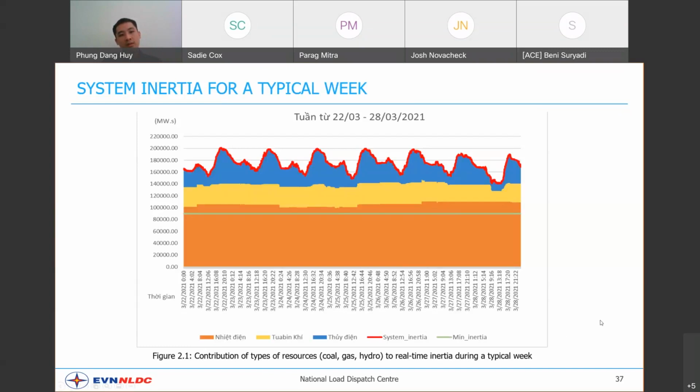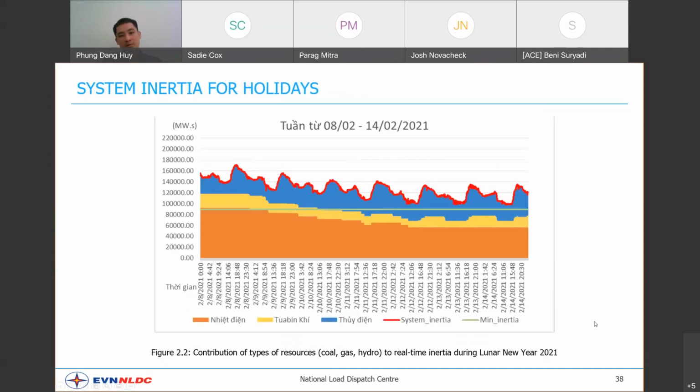But for the holidays, you can see that for the holiday I mentioned, which is the biggest holiday in Vietnam, the Lunar New Year, happening in February, we have the inertia coming down nearly to the minimum inertia that we have calculated, and that is the time that we can actually test whether our calculation is acceptable or not. Next slide, please.